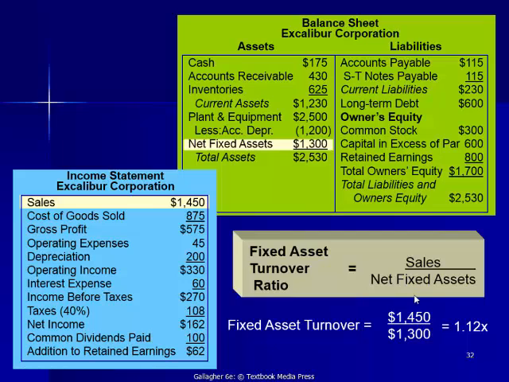You have to remember, fixed assets would include equipment, but it also includes your physical plant. Clearly your physical plant is going to take longer to justify its existence relative to sales than a new piece of equipment is. So these are the kinds of things we'd be looking for.